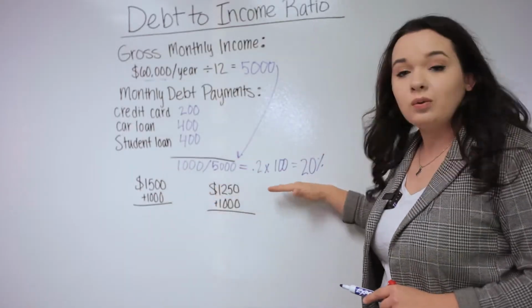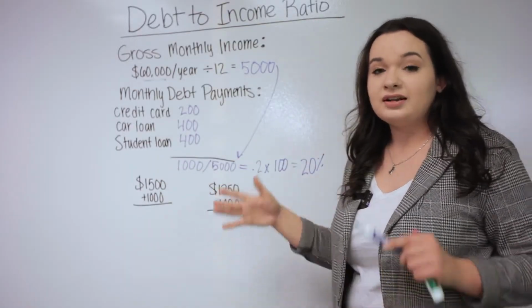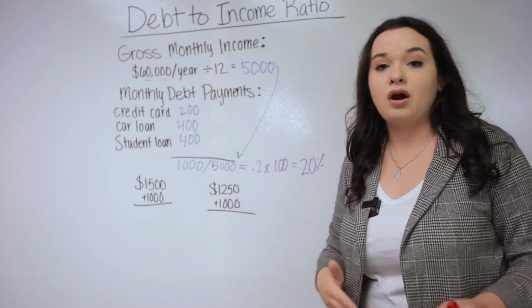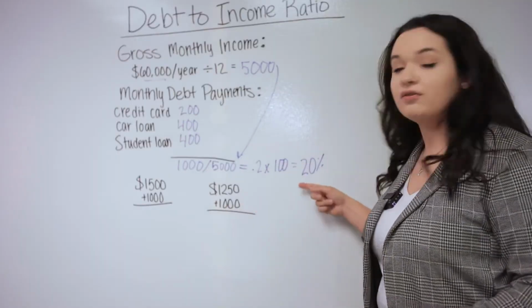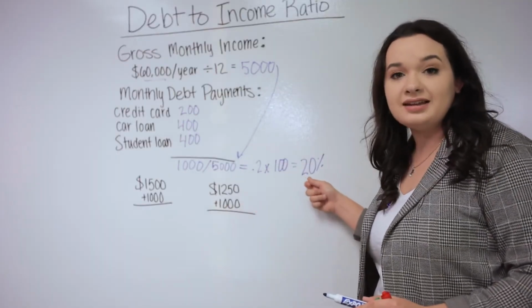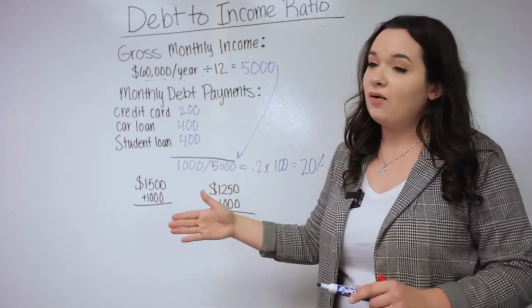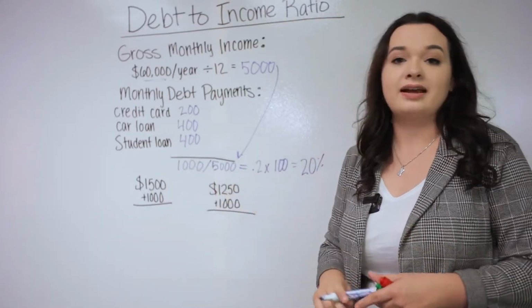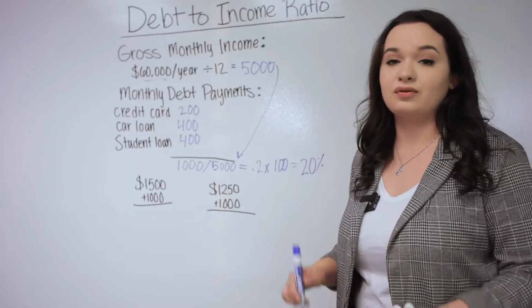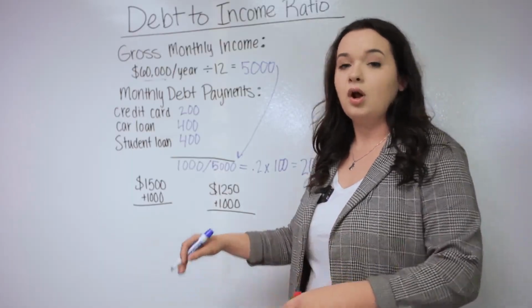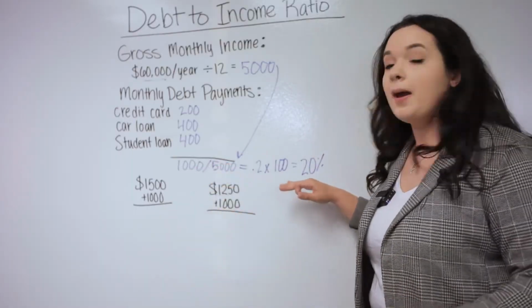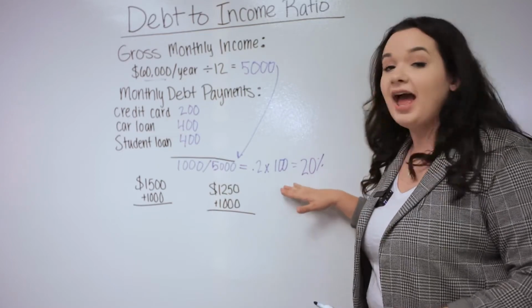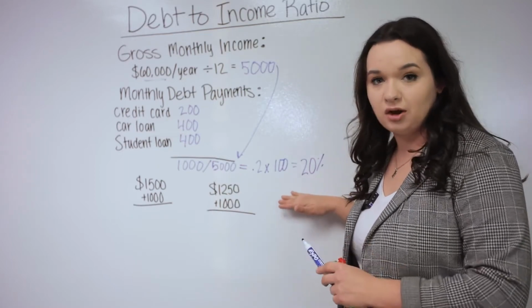When you are getting a loan, different lenders vary in regards to what they are looking for in your debt to income ratio, as well as different loan programs like an FHA versus a conventional versus a USDA loan also have differing maximums that you can have as a debt to income ratio.